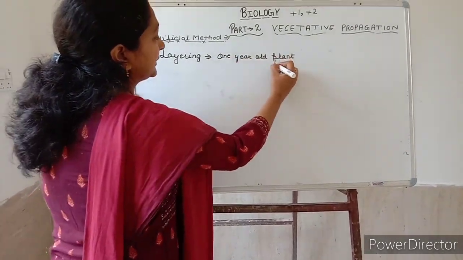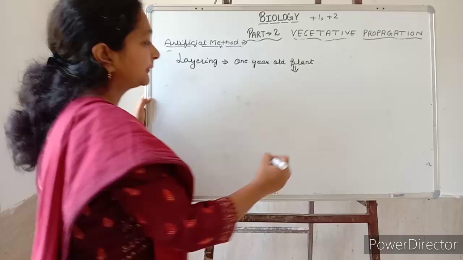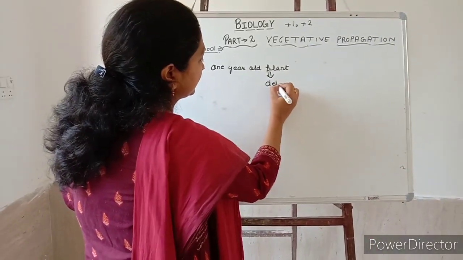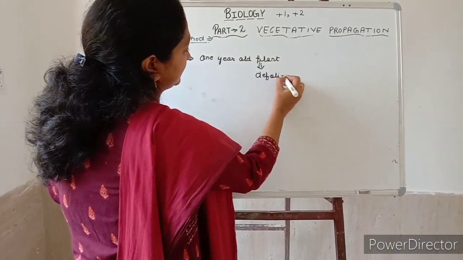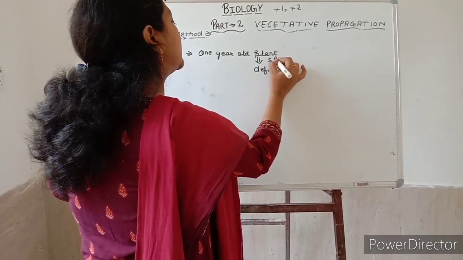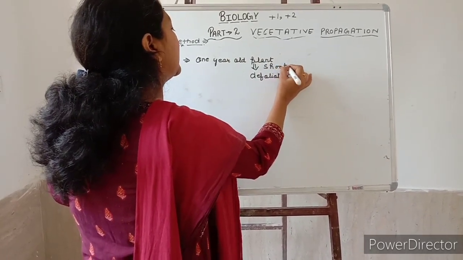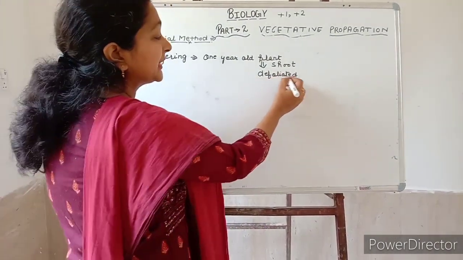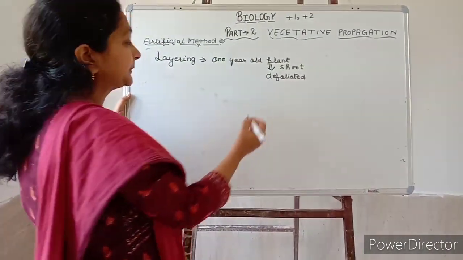In such a plant, first its shoot is defoliated. Defoliated means removal of leaves.